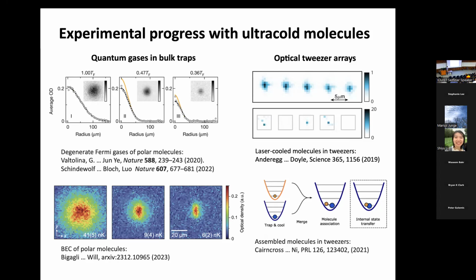Another approach that was pioneered at Gila, where Jake was, is to say, okay, I'm going to give up on cooling the molecules, but maybe I can cool two gases of atoms all the way to degeneracy, and then pick atoms from each of these two gases and bind them together into a molecule in situ and form an ultra-cold molecular gas. And that's very successful. People have now formed degenerate Fermi gases and Bose-Einstein condensates of molecules that way.